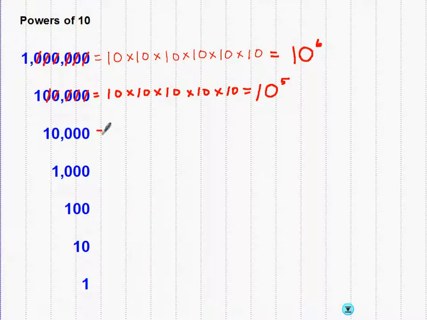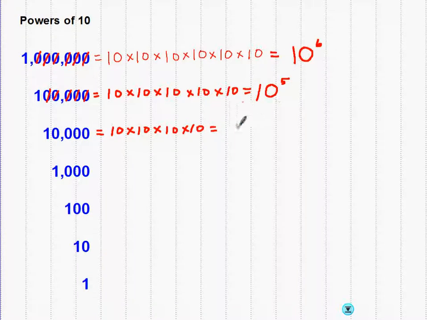It's going down to 10,000. Right, 10,000. I have 4 zeros, so I know that I can reach 10,000 by multiplying 10 times itself 4 times: 10 times 10 times 10 times 10.